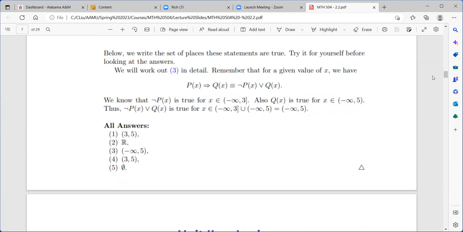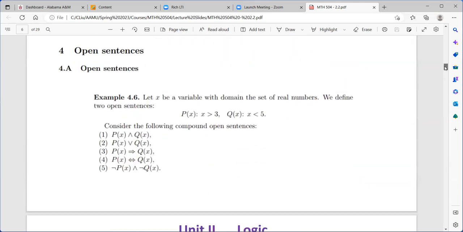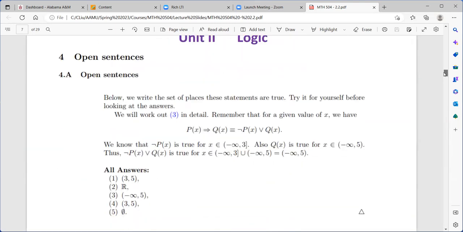And then Q is x less than 5, I believe. Yes, Q. Or you can write in set notation as from negative infinity to 5, not including 5. And then you just take the disjunction of these 2 open sentences, right?